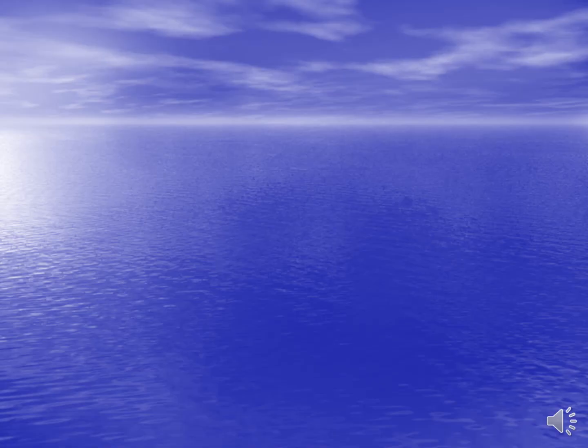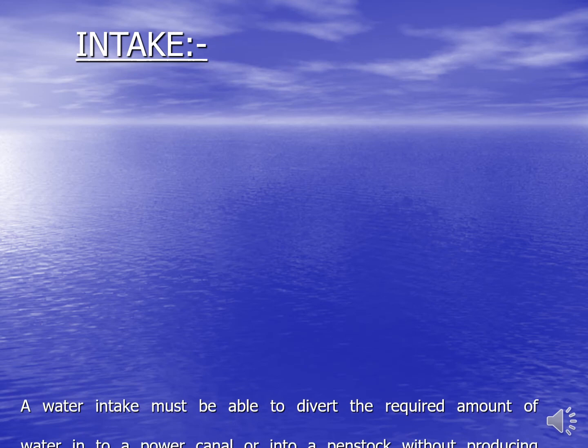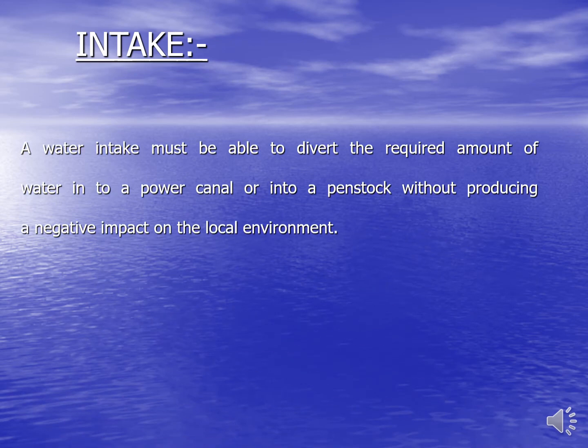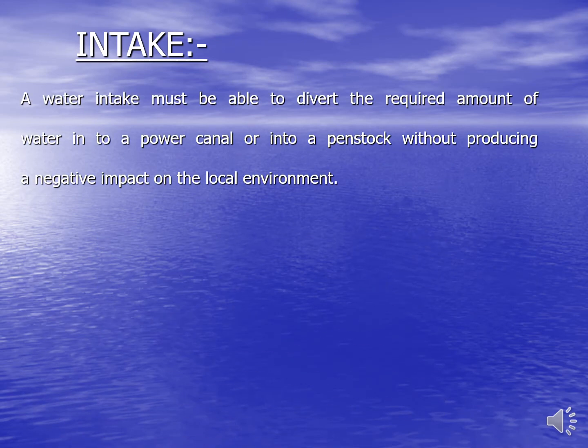The water intake must be able to divert the required amount of water through the power canals or the penstock, without producing a negative impact on the local environment. That much water you use only for hydropower generation, and the remaining water you can use for other purposes. That is the main purpose of the intake, right?